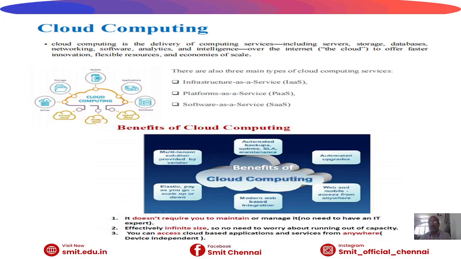Infrastructure means you don't have to purchase any laptop or hard disk. Everything is available on the cloud itself. You can pay and use it for a particular amount of time, then you can withdraw your account. That's infrastructure as a service.